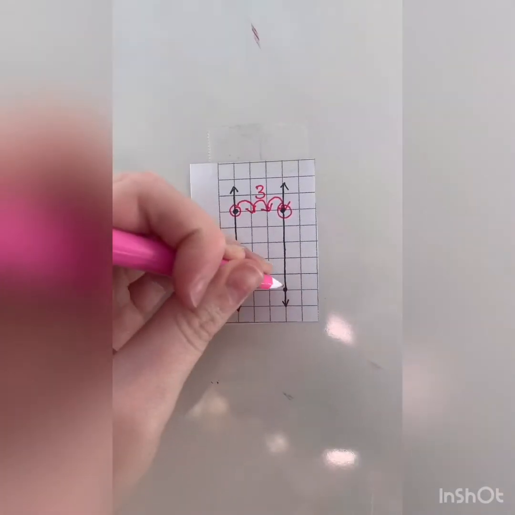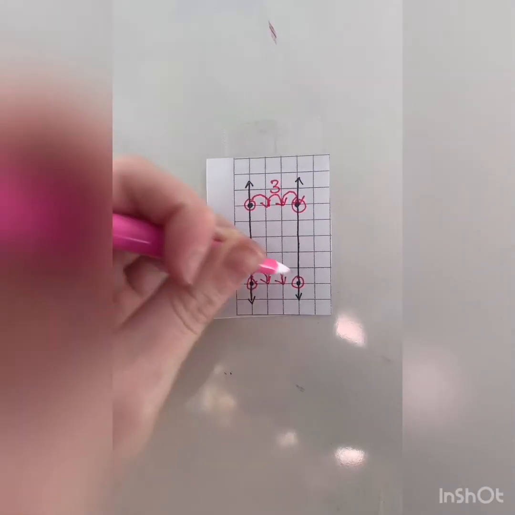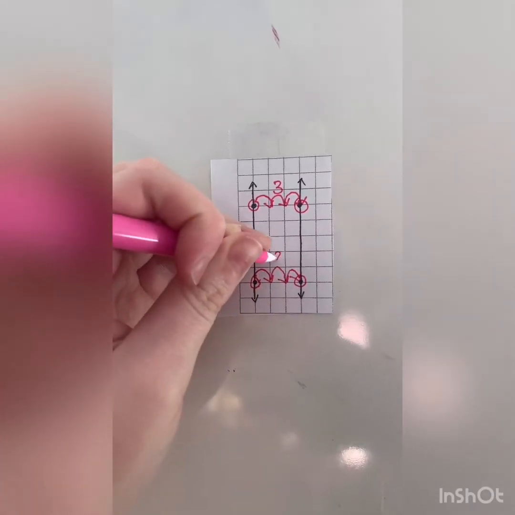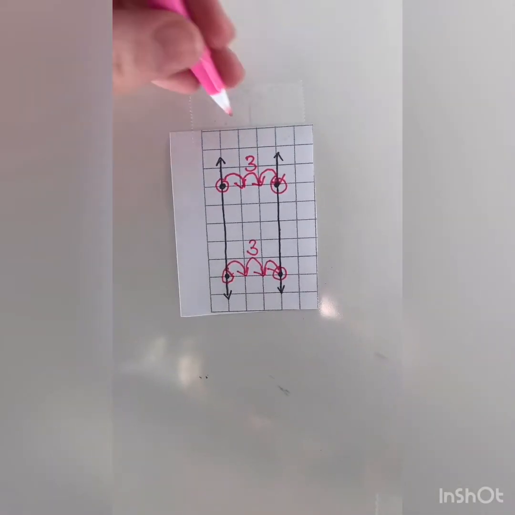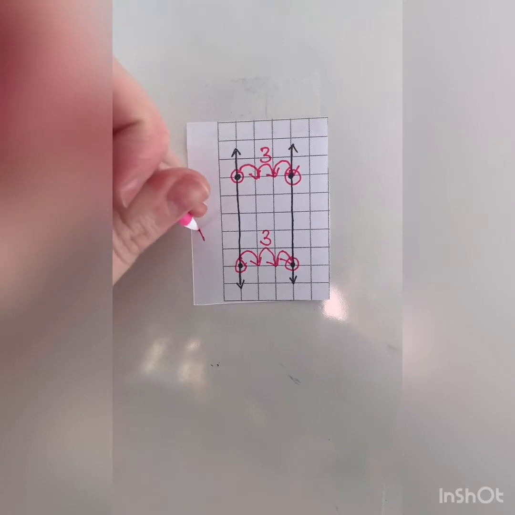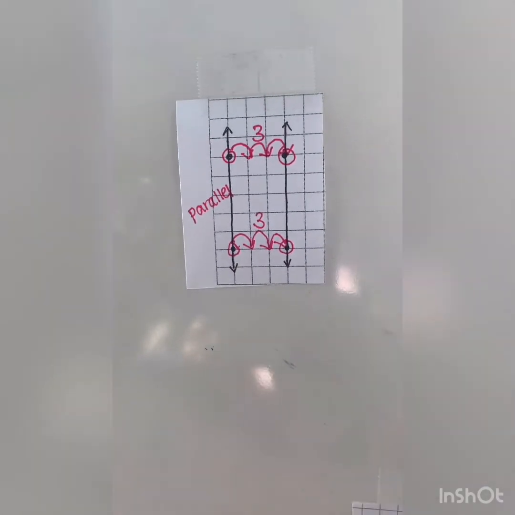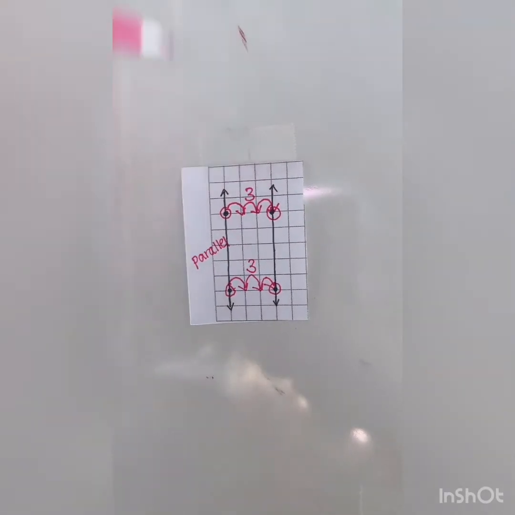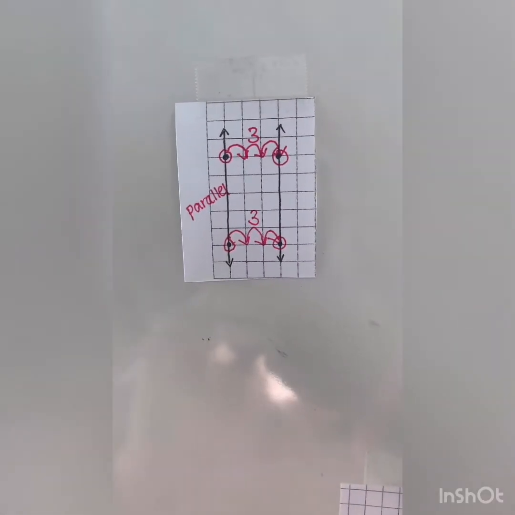These down here are 1, 2, 3 boxes apart. That means that these lines are parallel because they are the same distance apart. If I kept drawing up this way and up this way and down this way and down this way, they would never touch.